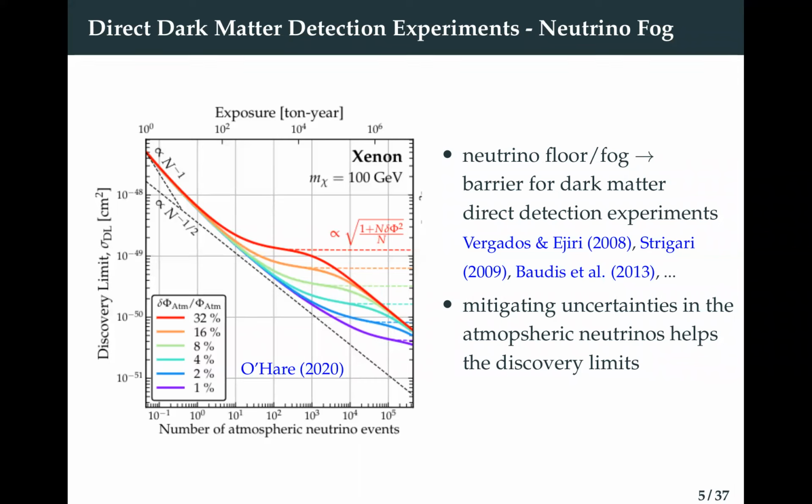And depending on how well we know the background, which is the atmospheric neutrino, we can make different predictions about the cross-section, or what the limit is for the cross-section of the dark matter. So this is one thing: we want to measure it to mitigate uncertainties in the discovery potential of dark matter experiments.